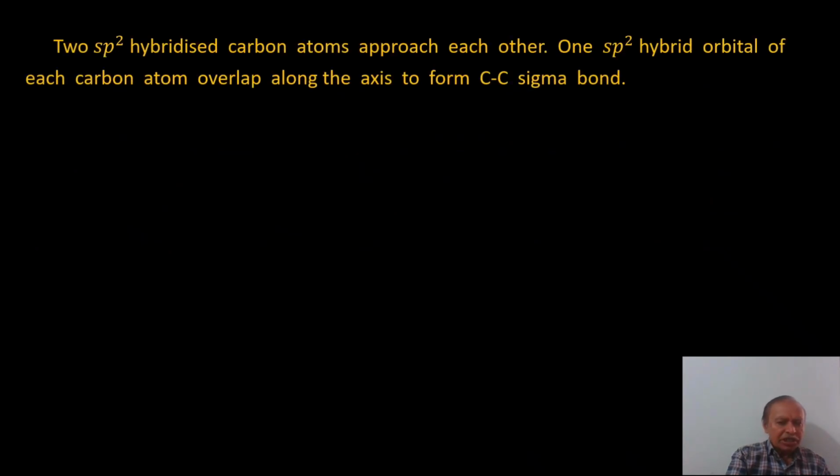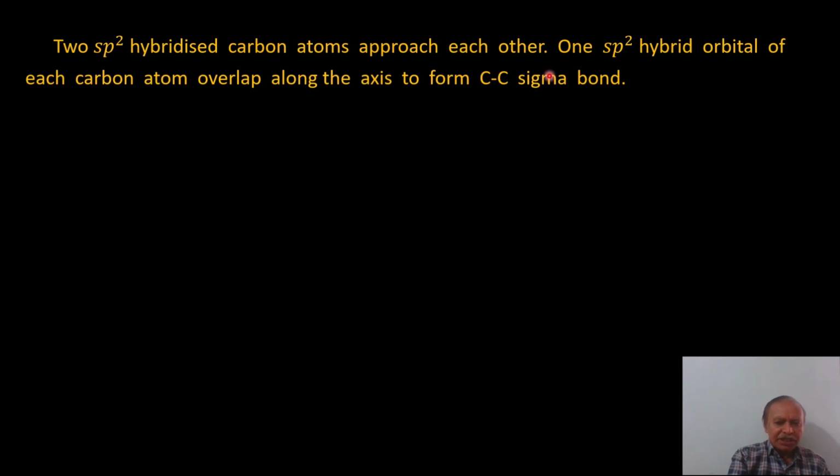You know that both the carbon atoms in ethene are sp2 hybridized. Now those 2 sp2 hybridized carbon atoms approach each other. They come close to each other. Each carbon has 3 sp2 hybrid orbitals.